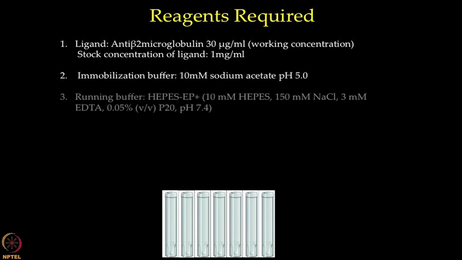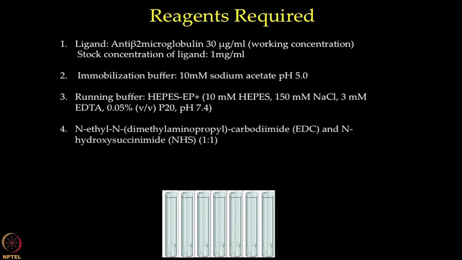We need HEPES EP plus pH 7.4, which will include 10 millimolar HEPES, 150 millimolar NaCl, 3 millimolar EDTA and 0.05% P20. This will be used as the running buffer, which is already connected to the system, followed by priming of the system.